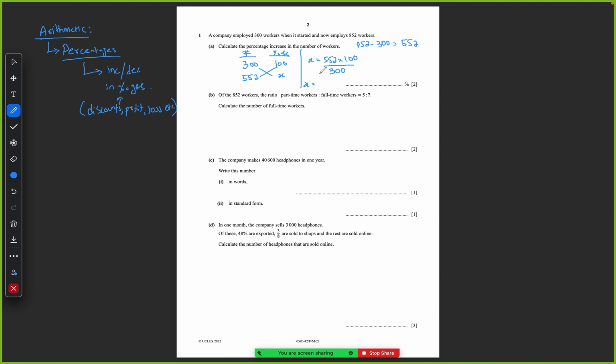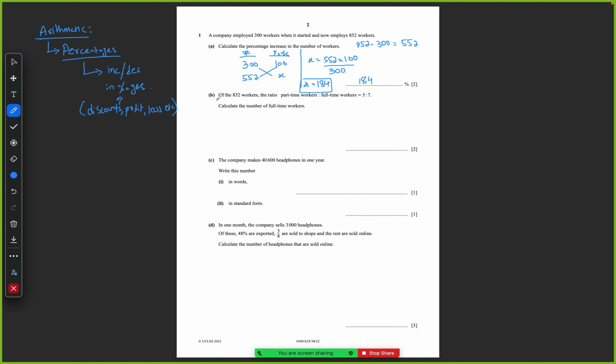And if I solve it out, it should be 184. So that is the percentage increase, and that's the final answer. The second approach could have been you calculate how much is this percentage, and then you subtract 100 from it.